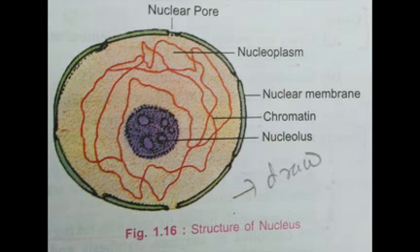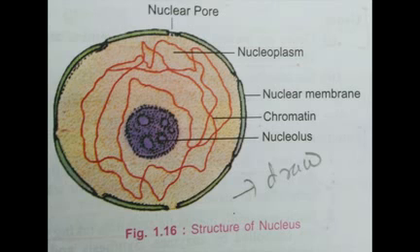Now we'll go to the next part of the cell, that is cell organelles. We have already discussed that the cytoplasm, which is a jelly-like structure, contains various granules, and also various cell organelles are suspended in it.